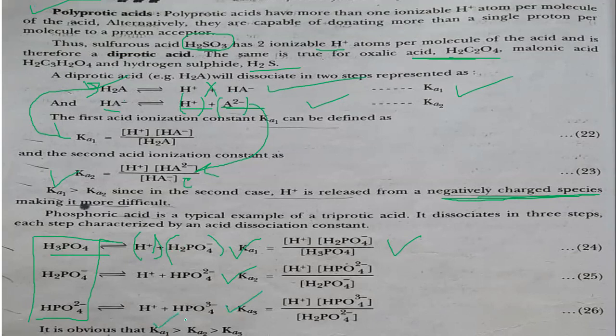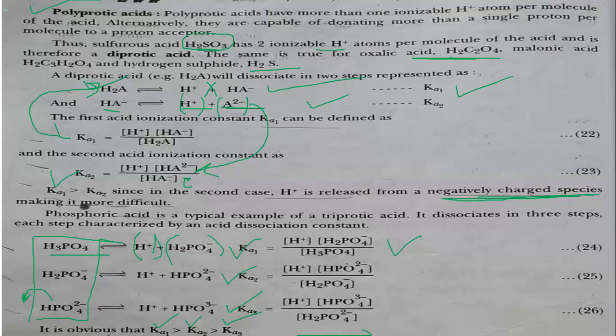Here Ka1 is greater than Ka2 and Ka2 is greater than Ka3. Why? Because the negative charge goes on increasing here, to minus 2. Because of that, it cannot easily give H plus. Hence Ka3 is very much less than Ka1, right? So this is how polyprotic acids can be shown.